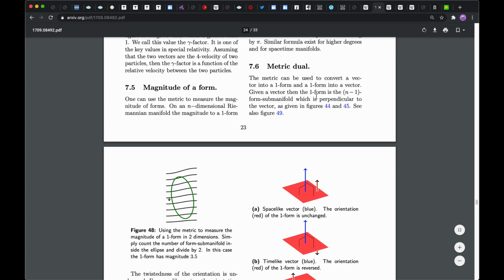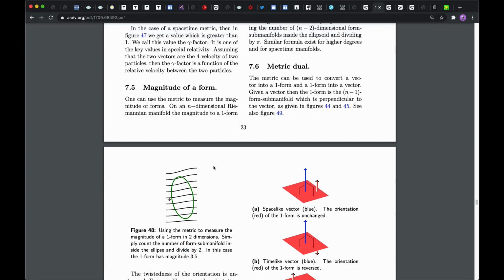Could it be the number of intersections? Maybe, but yeah, there are 14 intersections in this picture. Yeah, maybe.